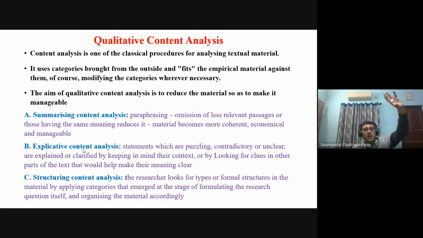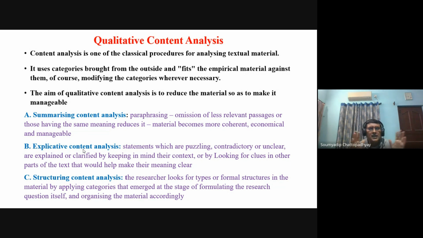You start with a specific research objective, then identify certain categories on the basis of existing research, and then try to fit those categories into the data which you obtain from your fieldwork. So this is what structuring content analysis is all about. Basically, both coding and qualitative content analysis are widely used in the qualitative literature, and this is how generally we try to approach the analysis.